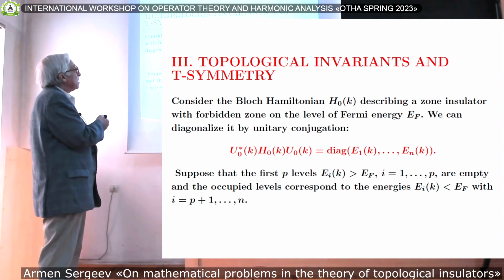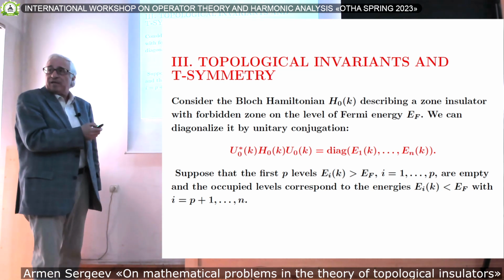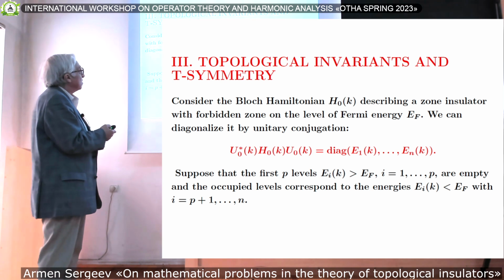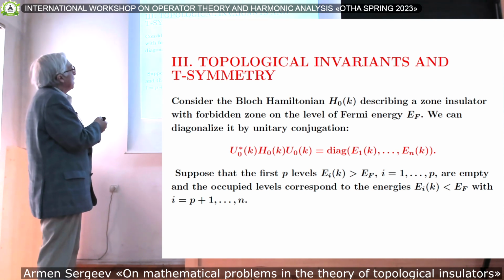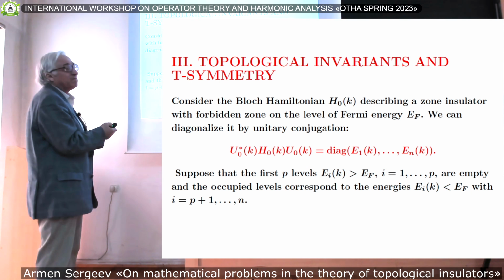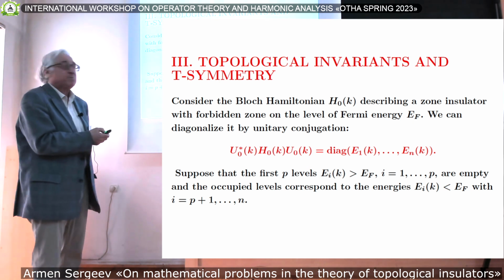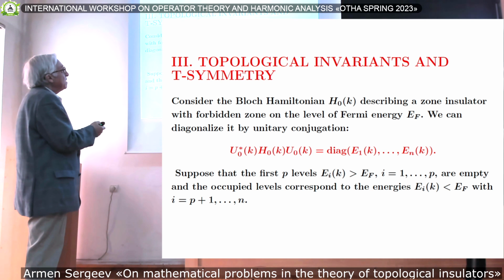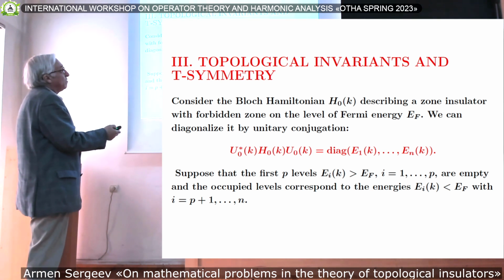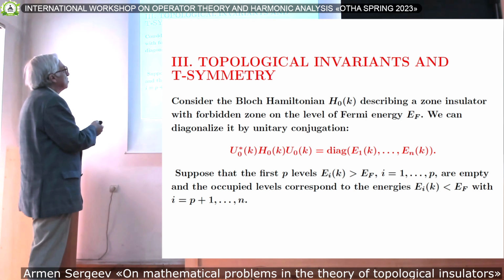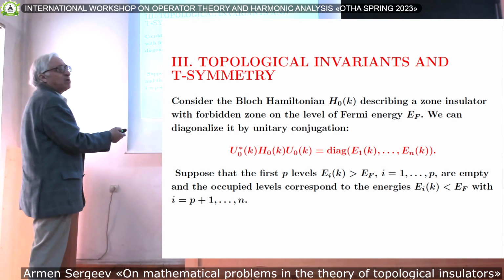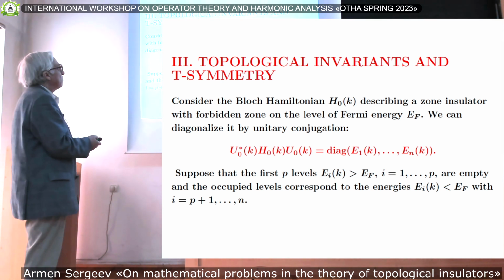And now something new, from maybe the middle of the last century. Let us speak about the topological invariants. What are the invariants which we can use? Consider again the Bloch Hamiltonian, which I now denote by H_0(k), which describes a band insulator with forbidden zone at the level of Fermi energy E_F. I will always assume that E_F is equal to 0.